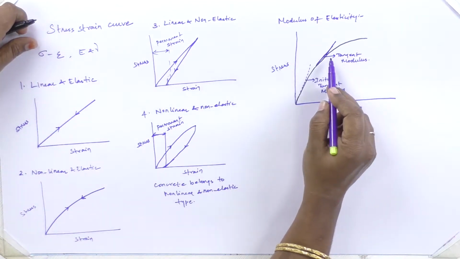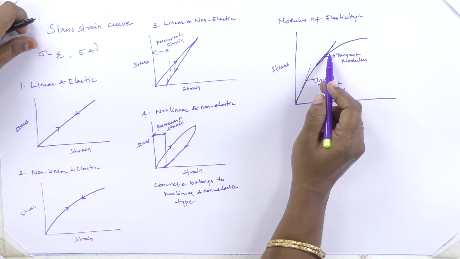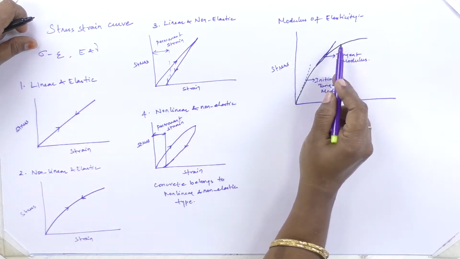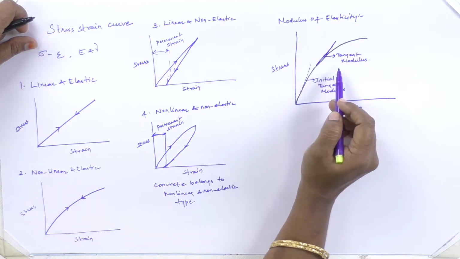Again here also the same problem arises, that is, within the vicinity of this point alone I will be getting appropriate results. If it is above or below this point, then my results will not be correct.